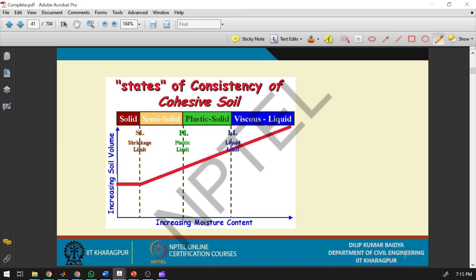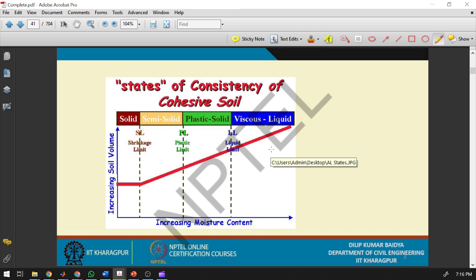Because the soil here, let us take a representative elemental volume, REV it is called. If you take an REV of the soil, there is so much water present that much of the volume that is usually occupied by soil is right now occupied by water.